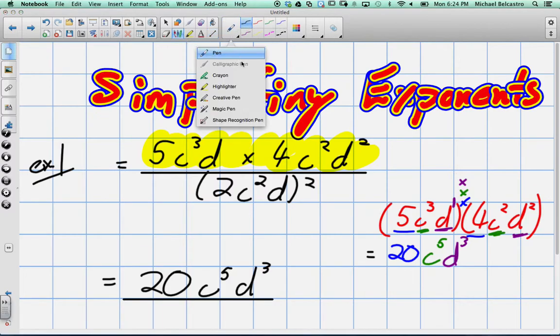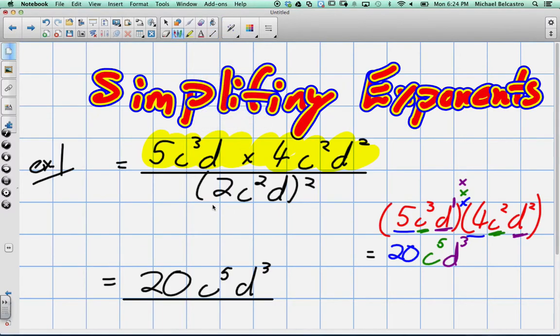And then I'll write down what's on the bottom. Now the bottom here is a very interesting question. I can think of this two ways, and I'll do that on the side too. I'm going to simplify that. Okay, let's simplify the bottom over here. So I can read this two different ways.